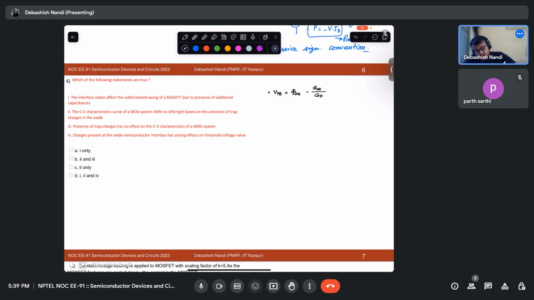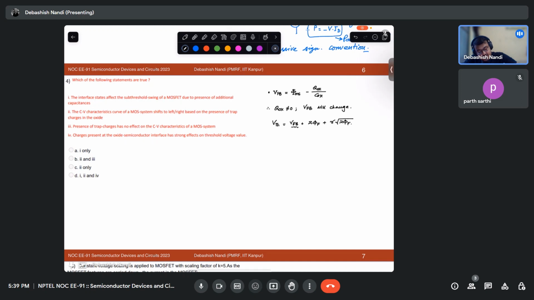If Q oxide is not equal to 0, VFB will change. Threshold voltage VTH equals VFB plus 2 phi f plus gamma root 2 phi f.